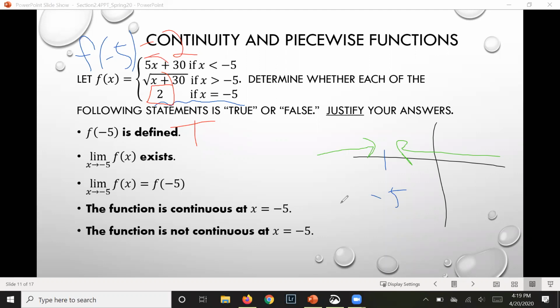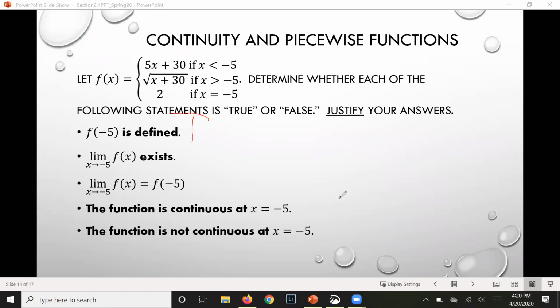So notice here, we are told that for values of x less than negative 5, we use the function 5x plus 30. And so something we can do is let's look at the limit as x approaches negative 5 from the left-hand side of f of x.